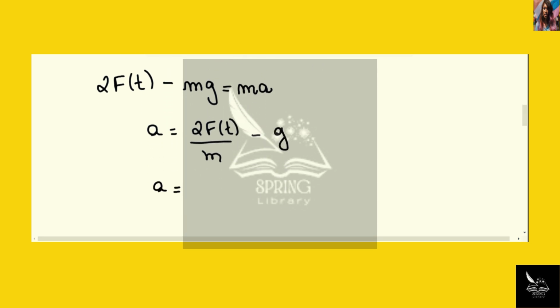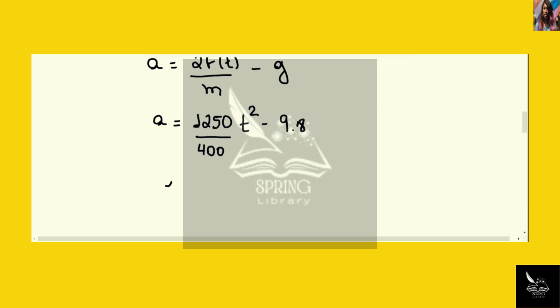Now explicitly, this is 2 times 625, so it's 1250 divided by 400 t squared minus 9.8. This is all in the metric system, so I'm not going to bother about units. So I have 25 divided by 8 t squared minus 9.8.